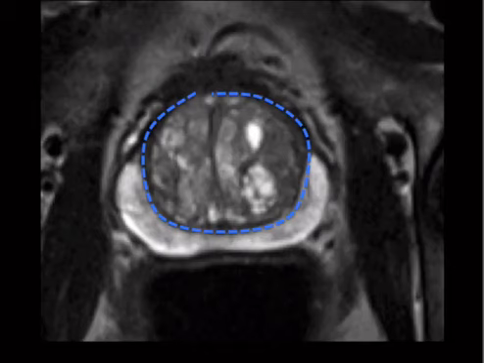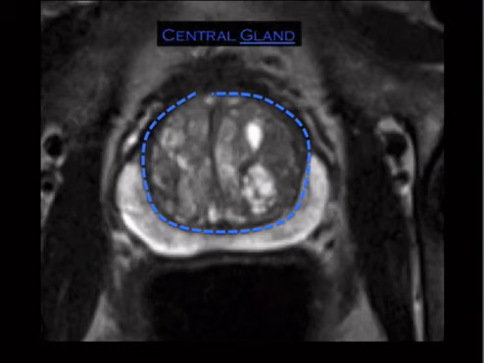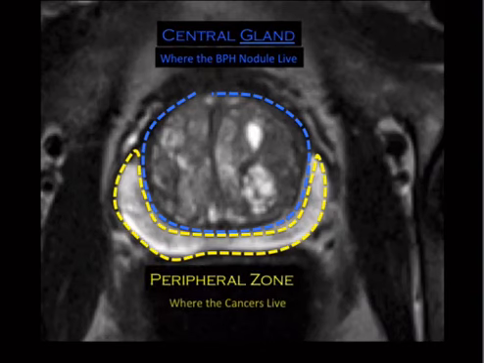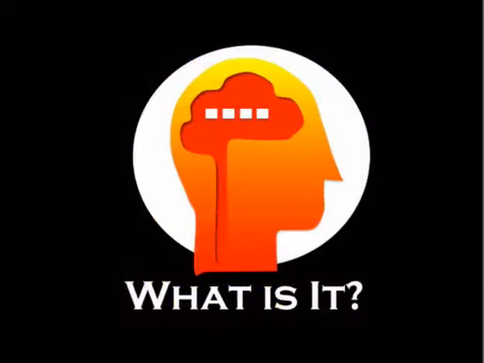And I think that is probably why people generically use central gland. So this is the central gland, the blue thing, and that's where the BPH nodules live. And this bright part along the outside is the peripheral zone, and that is where most of the cancers live. Like 80%. 70-80%.